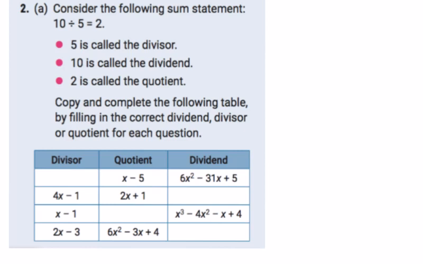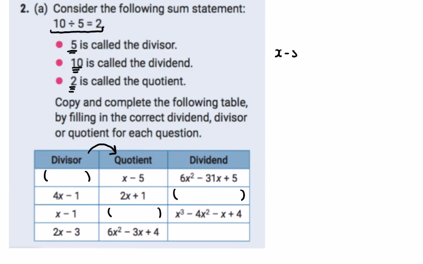Question 2, we have 10 divided by 5 is 2. 5 is the divisor, what you're dividing by. 10 is called the dividend, what you divide. And 2 is the answer, or the quotient. So here we just have divisors missing, quotients missing, dividends missing. So the divisor by the quotient is the dividend, or we divide in.